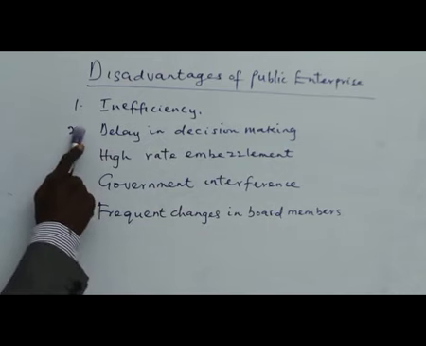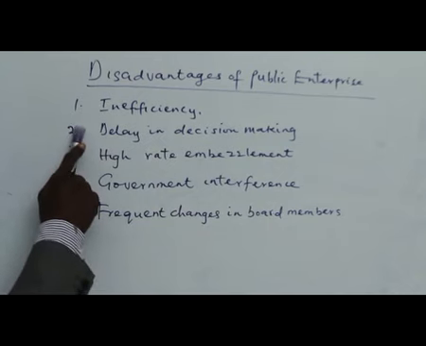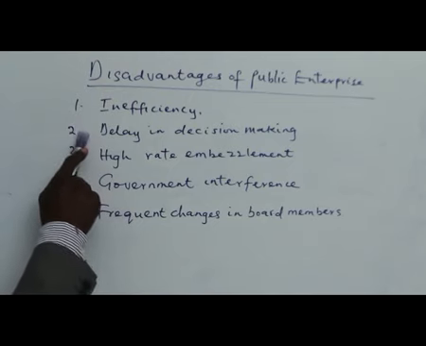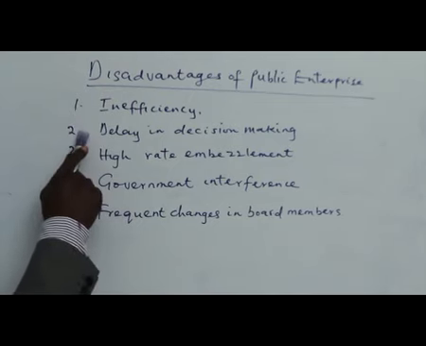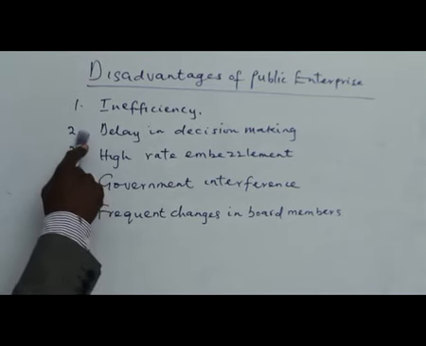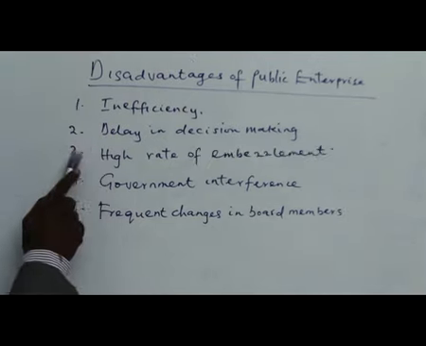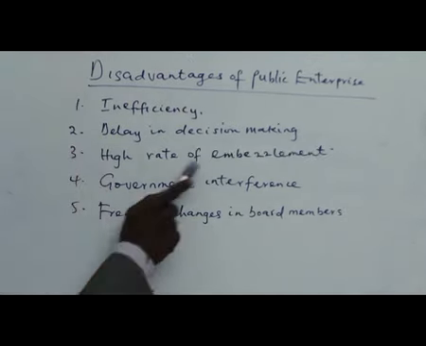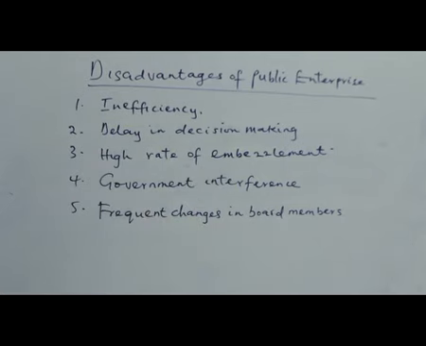Number two, delay in decision making. In establishing a public enterprise, it takes a longer time before it can be established. Having established the enterprise, whenever there is a need for changes, they find it difficult because government needs to be consulted before any decision can be made. So it will affect the enterprise in moving forward. Number three, high rate of investment.